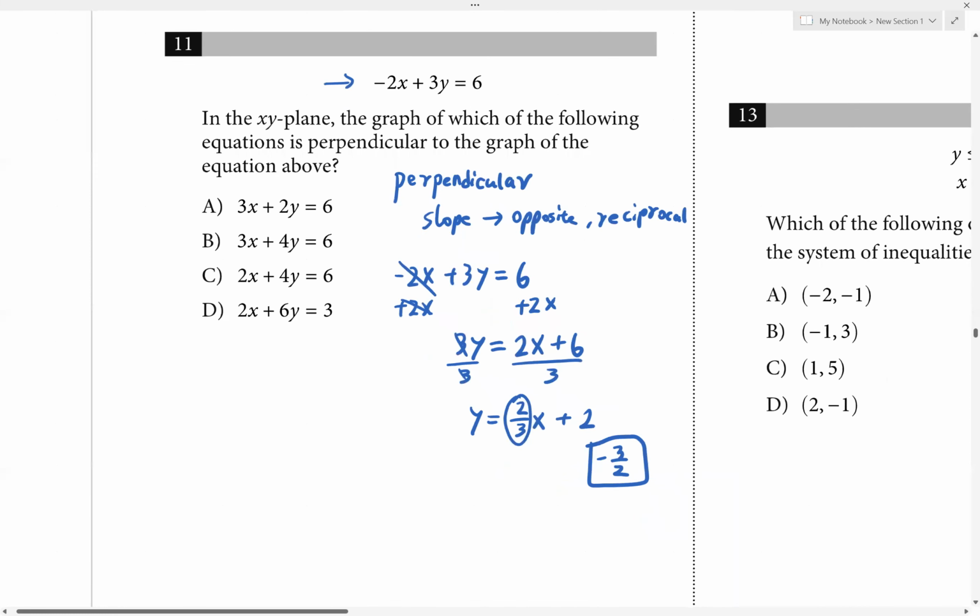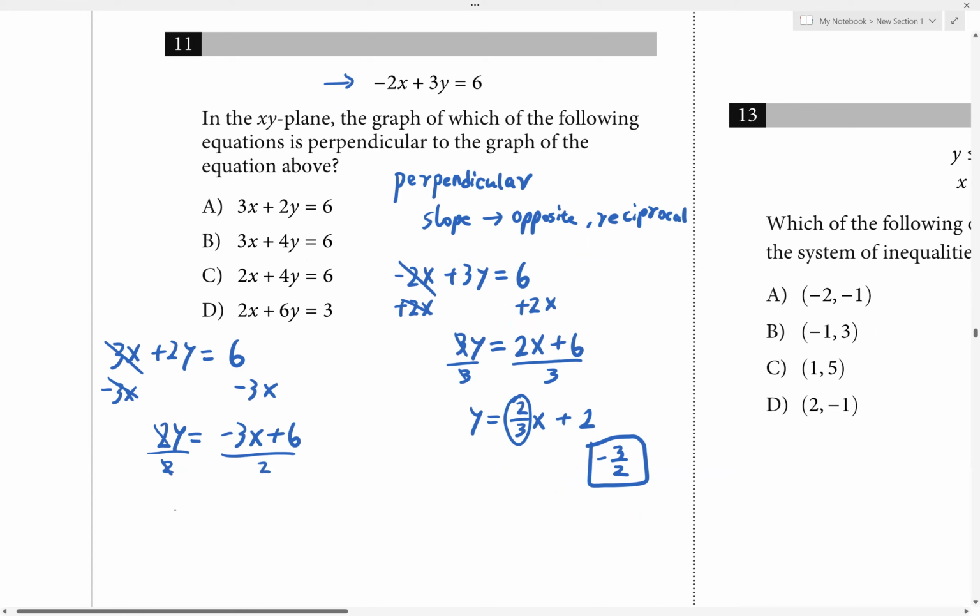If we start with answer choice A, we'll just have to go through each one and see which one has that. So we have 3x plus 2y equals 6, and we're going to solve for y. We subtract 3x on both sides, so we get 2y equals 6 minus 3x, which we can write as negative 3x plus 6. Then to get y by itself, we divide by 2 on both sides.